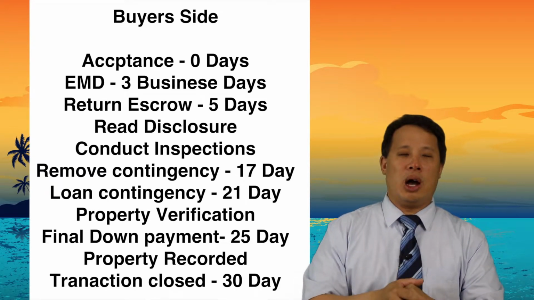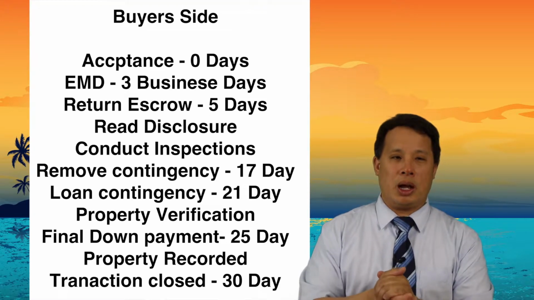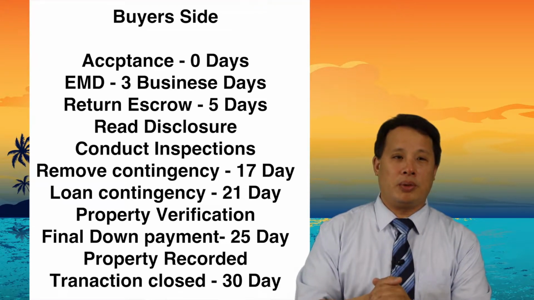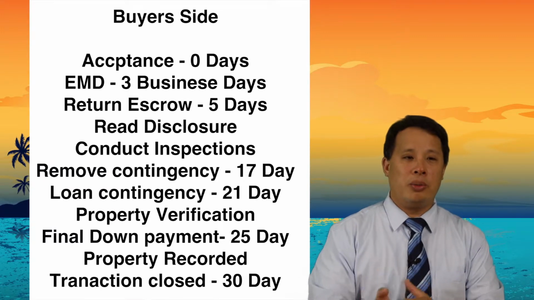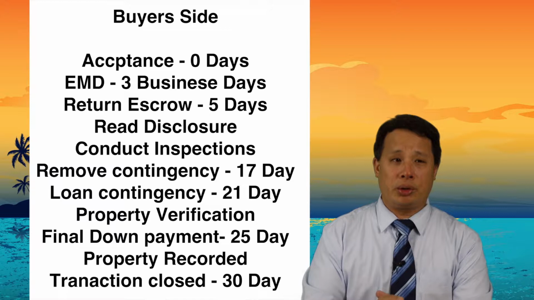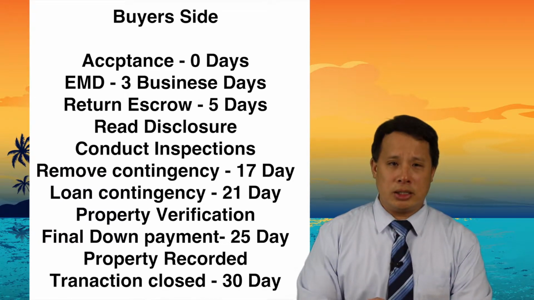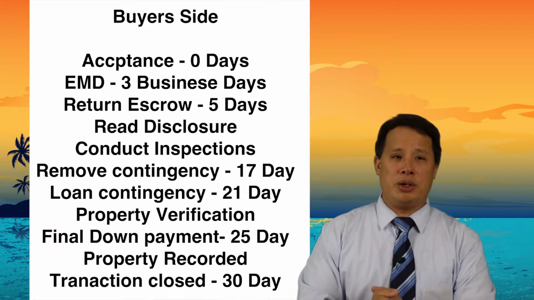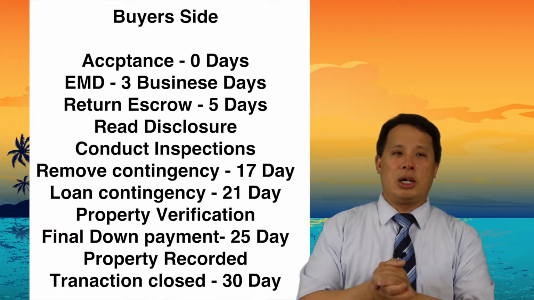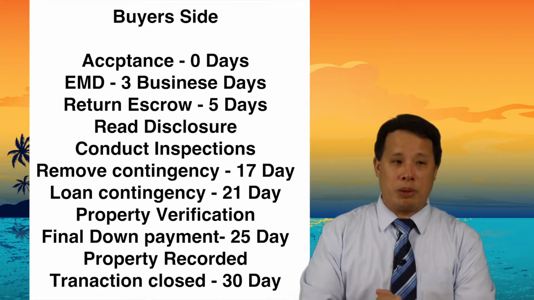So if a loan officer finishes the paperwork before 21 days, you can remove it earlier, but usually the default is 21. Please work with your realtor and your loan officer regarding removing the loan contingency, because that's important, and make sure everything is satisfactory on the loan portion before you remove it.